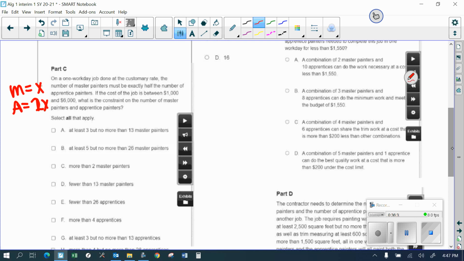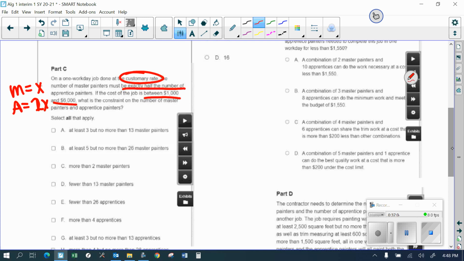If the cost of the job is between $1,000 and $6,000, so anywhere in between there, what is the constraint on the number of master painters and apprentice painters? And it's at the customary rate. Number must be exactly half.